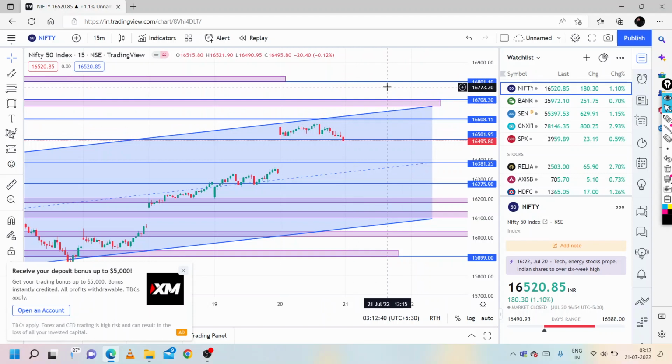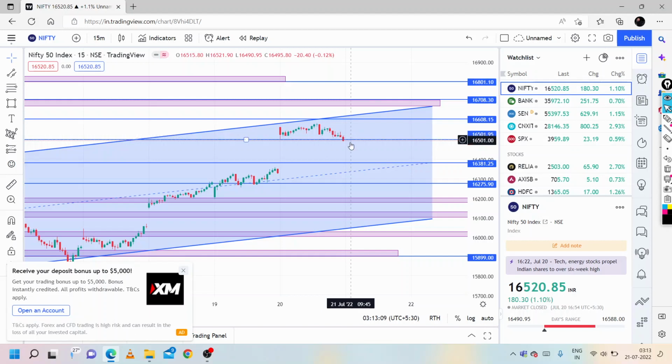Since the global markets are also negative, I will be very much bearish if the market opens flat and goes up. Now, if the market opens flat and goes down, I'll take a trade. I'll keep a very small stop loss, say of 40 points, or if you want, you can keep a stop loss of 30 points, because tomorrow is expiry. So we'll keep a stop loss of just 30 points.